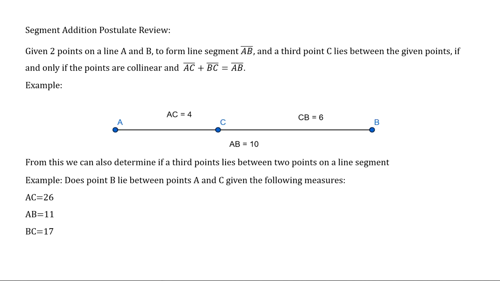That comes out to 28, which doesn't equal 26. So B is not between A and C. It may be off the line segment, in a slightly different position, but it's definitely not between A and C. Does that make sense to everyone? We're going to be able to look at things and add them together like that.